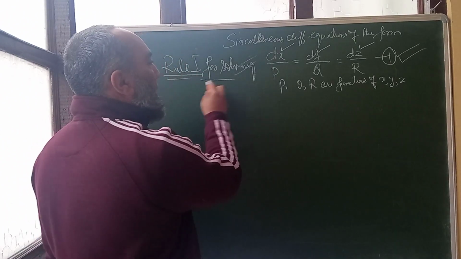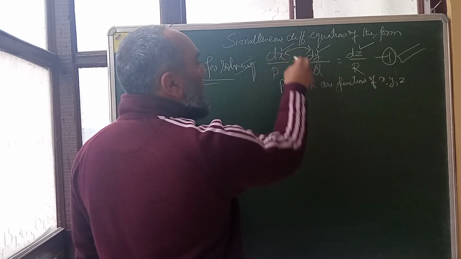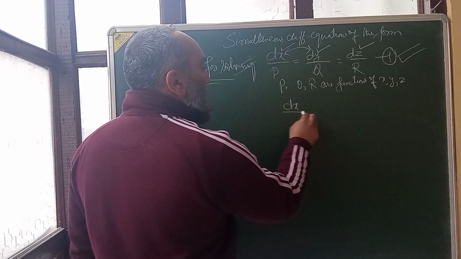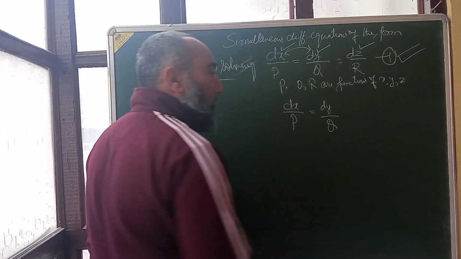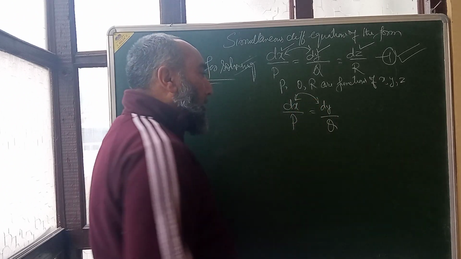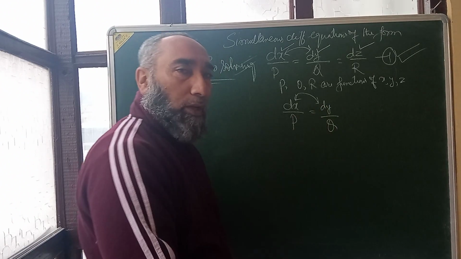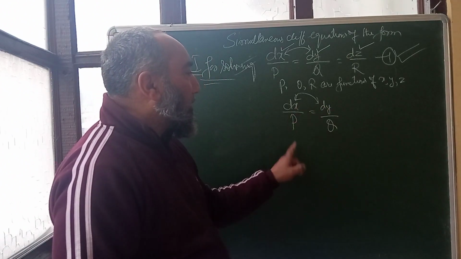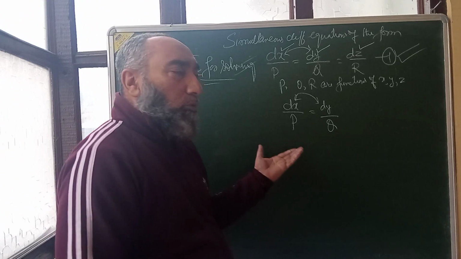Rule 1 says that if we choose any 2 fractions, you have one fraction dx by p equal dy by q. These are 2 fractions, and this is with respect to x and this is with respect to y. If in these 2 fractions the variable z is absent, there is nothing to worry about.